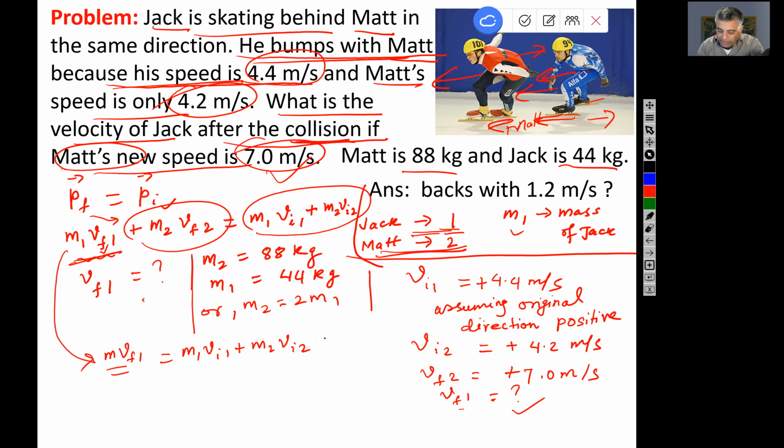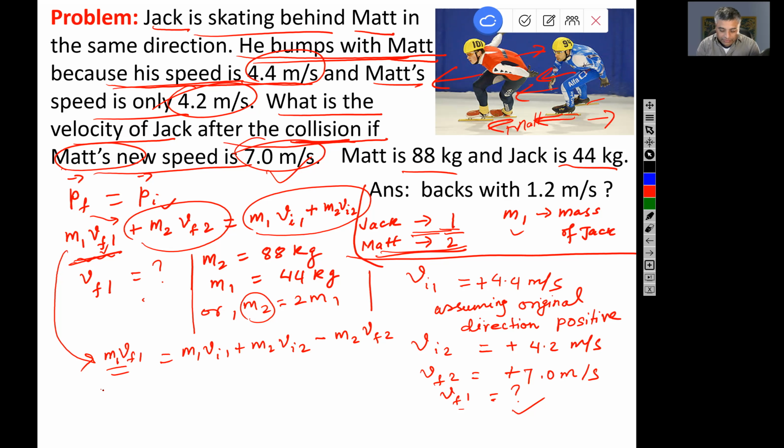And this is going to be negative when it moves to this side. And by the way, oops, this is m1. And if you were to replace this m2 by 2m1, you don't need to plug in masses because all the mass becomes m1 and they're going to cancel. Or you can plug in 44 and 88, it doesn't matter, okay?